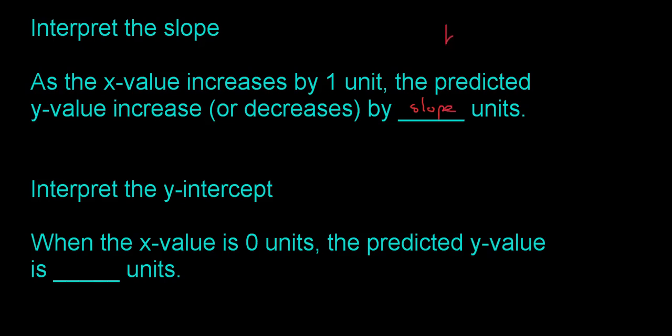So for my problem, the slope was 2.1495. Now, what this tells me is that as the number of rail cars increases by 1 car, the predicted fuel consumption increases by 2.1495 units of fuel. What I tell my students to do is make the slope a fraction.